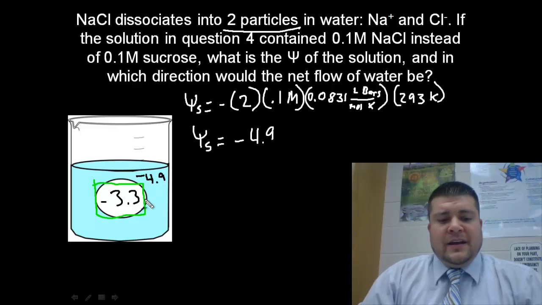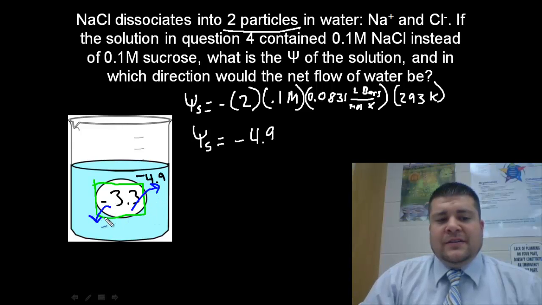And so where would the water flow? Well, negative 4.9 is lower, and so the water would move out of the cell in all directions there.